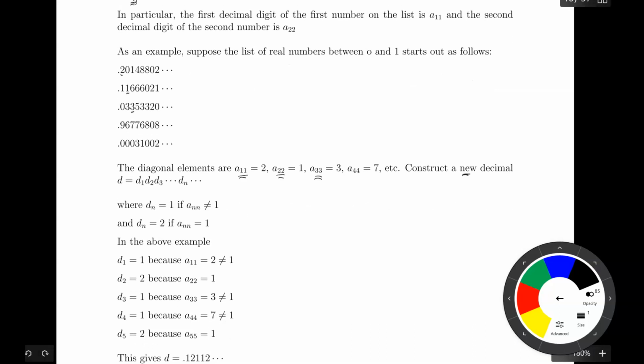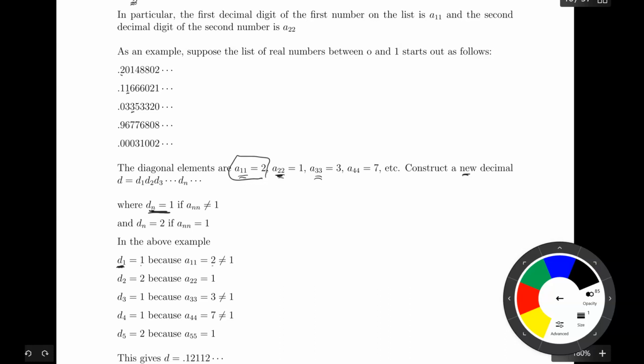If that diagonal entry is not equal to 1, then we're going to make it 1. So here we go. We're going to make the first diagonal entry equal to 1 because this entry is not 1, it's 2.